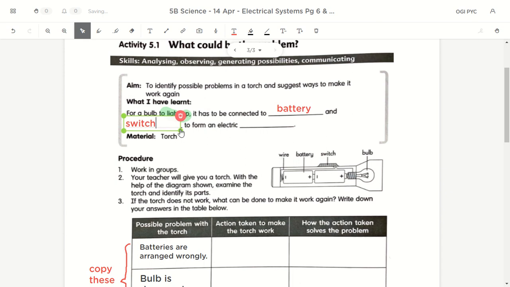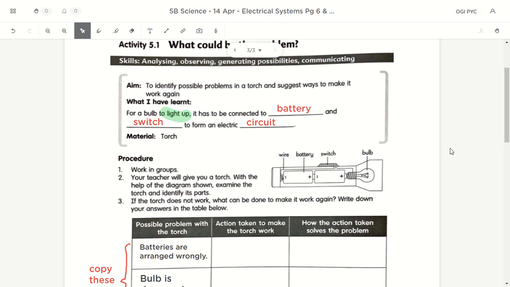So the parts of an electric circuit: you have a battery, you have a switch, connected using wires to form an electric circuit. So for a bulb to light up, you need to connect it using wires to the battery and to the switch, to form an electric circuit.